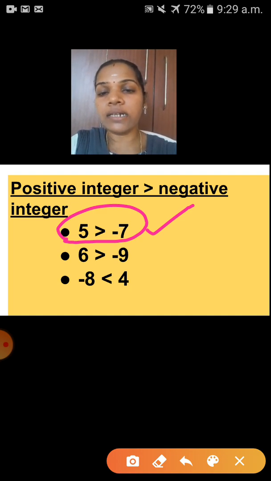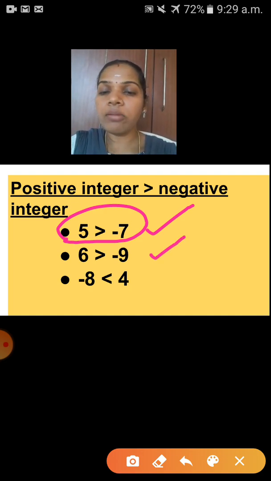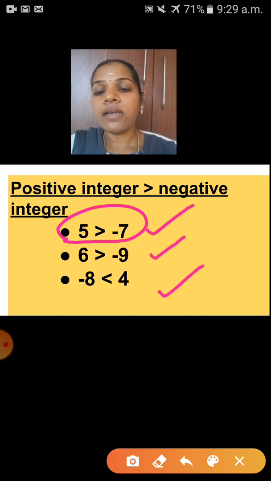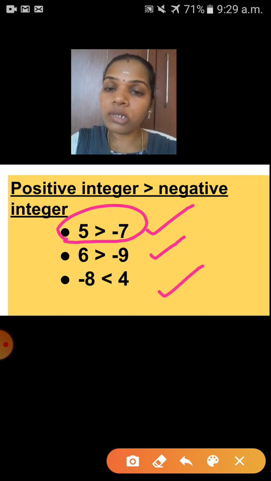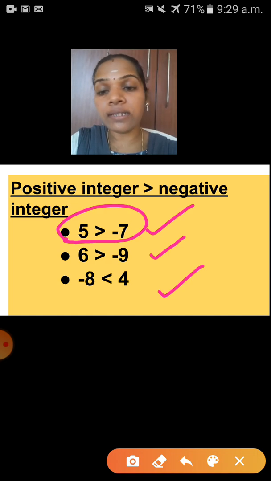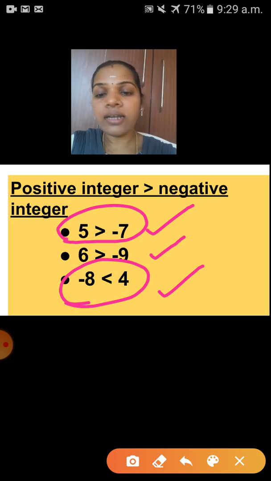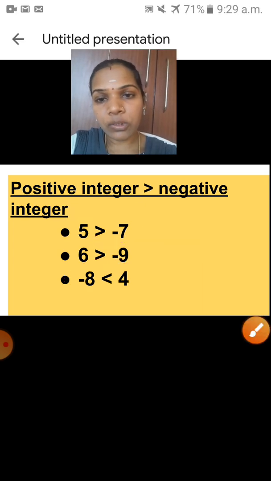So 5 is greater than minus 7. Second one is 6 and negative 9. That means 6 is greater than negative 9. Third one is minus 8 and 4. Here which one is positive? Yes, 4 is positive. So 4 is greater than minus 8, or minus 8 is less than 4. Did you get it? Yes. Can I go to the next?